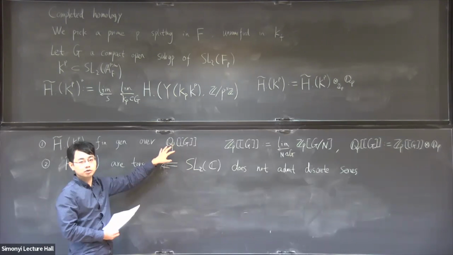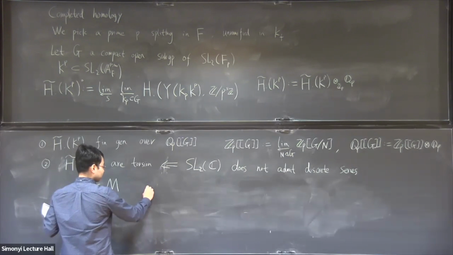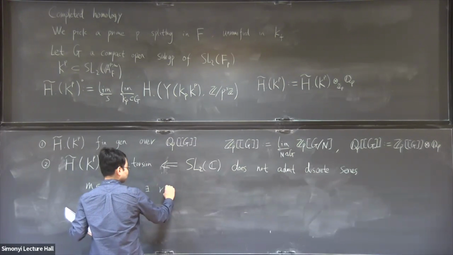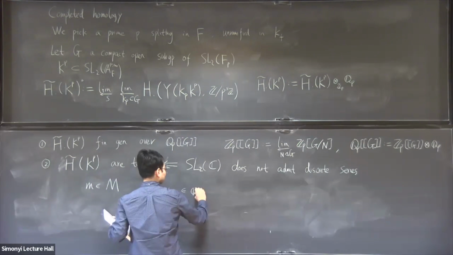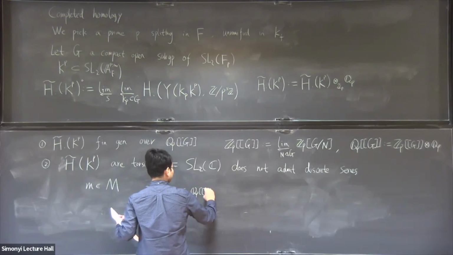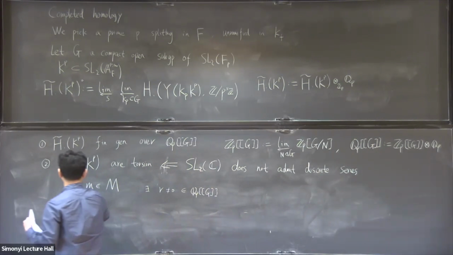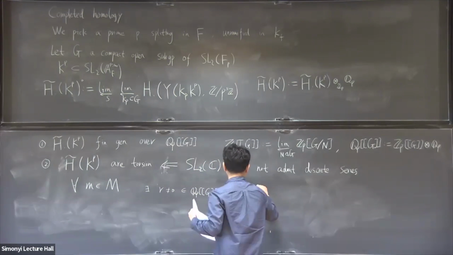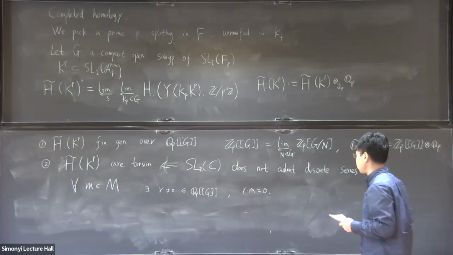It's a non-commutative integral domain, and torsion means that there is a non-zero r in this integral domain which kills M, for any m in M. That's a good question.